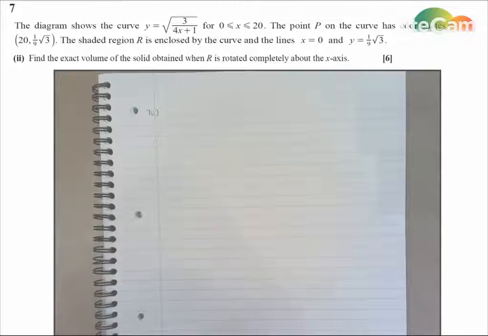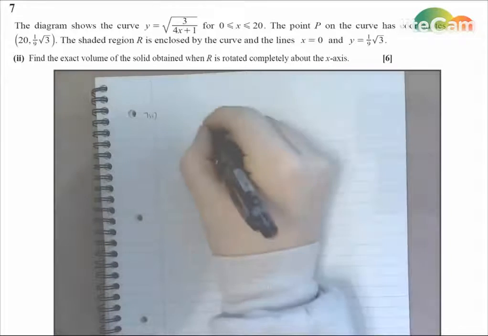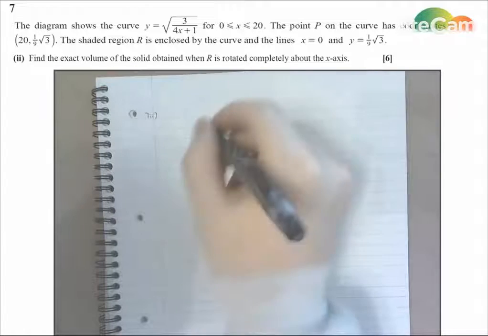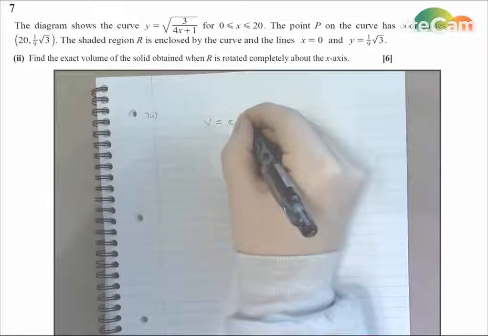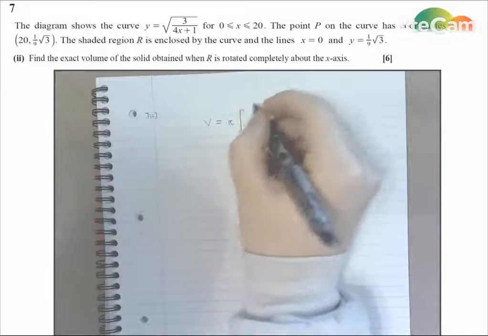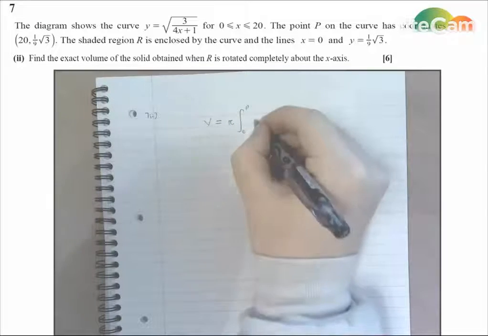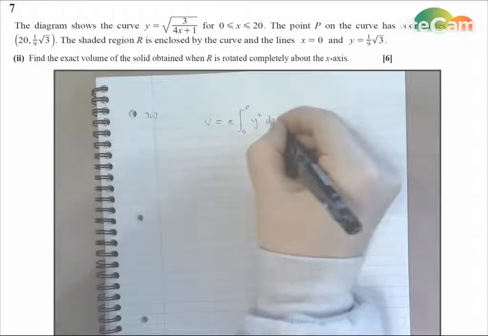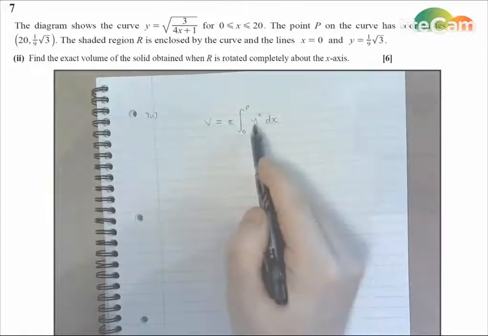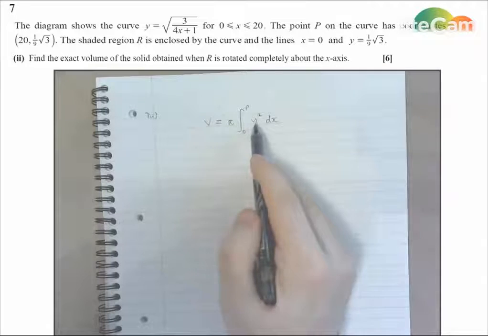So we'll get rid of the diagram. If I want to find the volume when I rotate any curve around the x-axis, I use the formula pi, the integral between my limits, so P and 0, of y squared dx. Now don't worry that we've got a y here and an x here, because we're going to substitute in our curve for y.